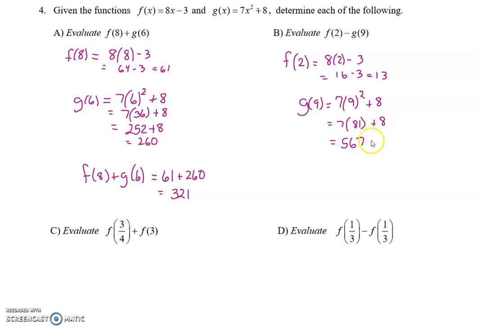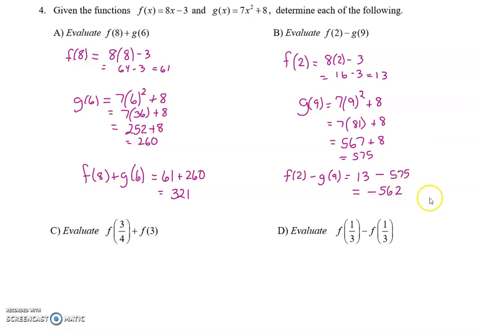Sorry. And then we're adding the 8. Okay, and so that's going to give us 575 for g of 9. So now f of 2 subtract g of 9 will be 13 subtract 575, and that's going to give us a negative 562 for part B.